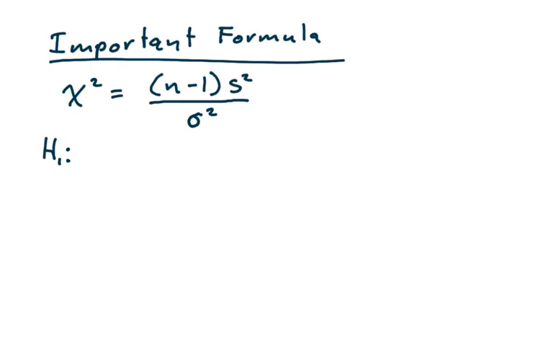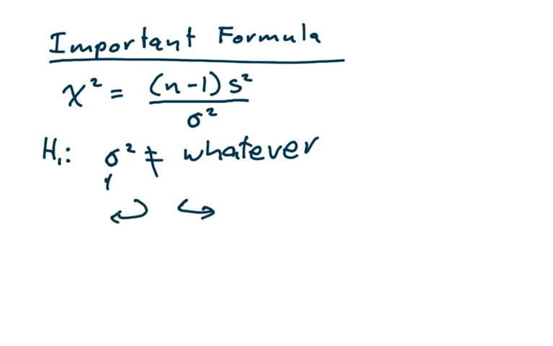We're testing sigma or sigma squared, and so in our alternative hypothesis, if we want to just say there is a difference between our variance and whatever the hypothesized value was, I'll say sigma squared not equal to whatever, all right? And that would be a two-tailed test.